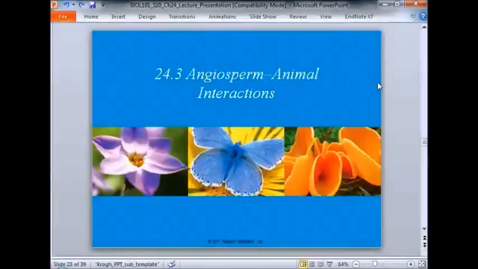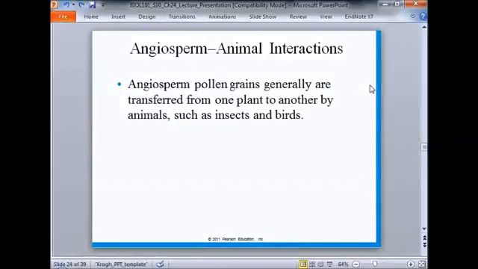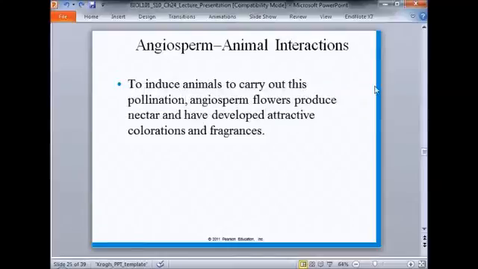All right, angiosperm animal interactions. Angiosperm pollen grains are generally transferred from one plant to another, sometimes by wind, but oftentimes by animals such as insects and birds.